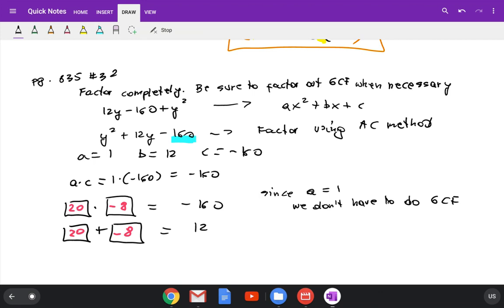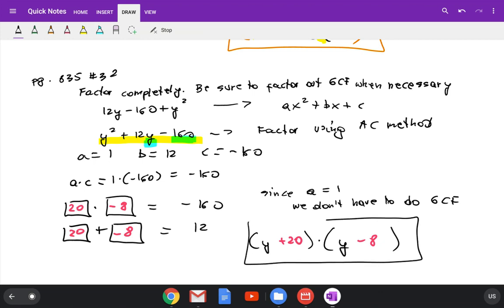Again, don't forget that our equation has y's, and in the middle you have y. So in each parenthesis, you put in y: y plus the first integer, which is plus 20, times y plus the second integer, which is negative 8. And that's our final answer.